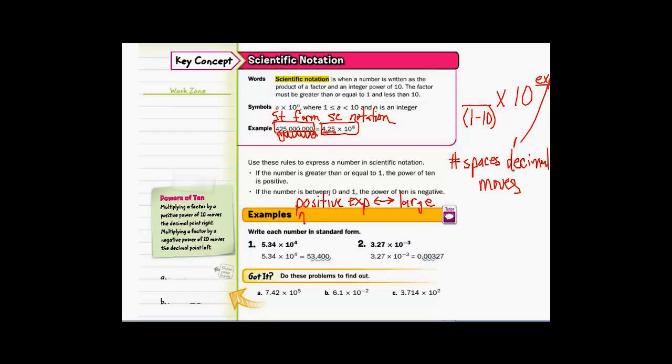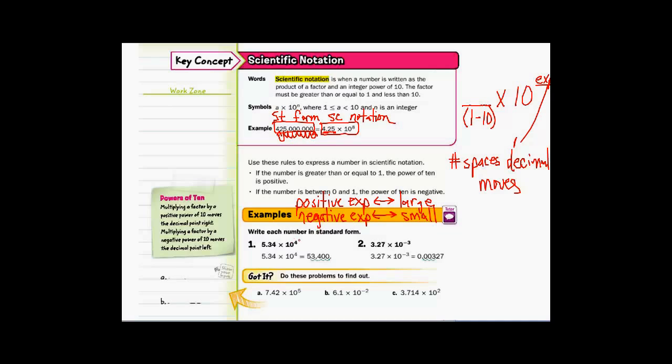If it happens to be a negative exponent, then in standard form, you're going to end up with a very small number. All right, so I want you to keep those kind of things straight. Maybe put that in your notes for you to refer back to later.